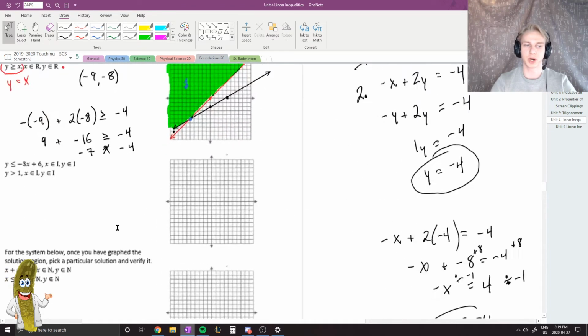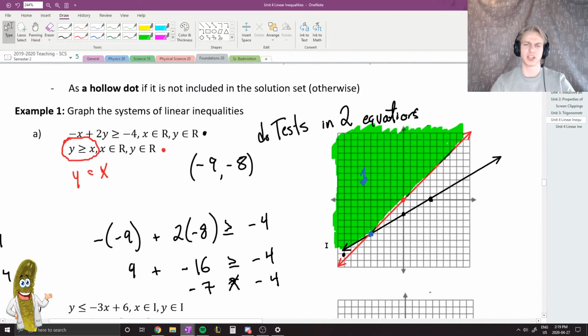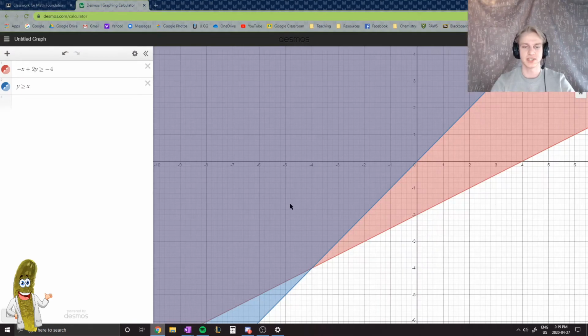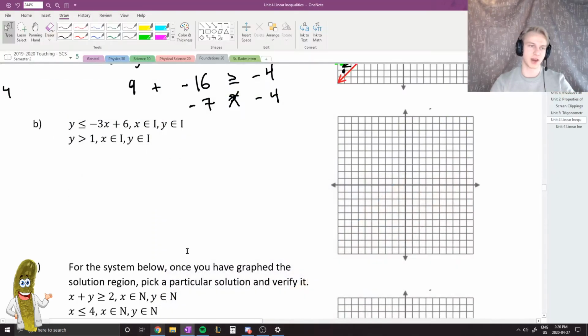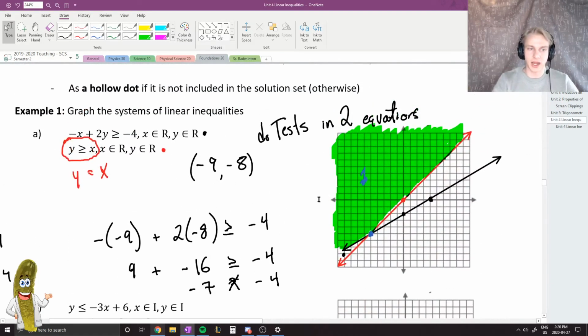But for the purposes of Foundations 20, all we're concerned about is, can you plug it into a calculator or a formula, or can you roughly graph it and figure out the point of intersection? And so we use Desmos. I would have given you a graphing calculator if you were in the classroom, and we could go from there. So that's question 1. Does anyone have any comments, questions, concerns about example number 1?